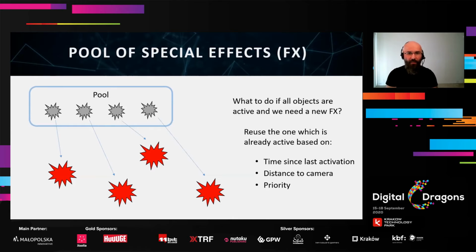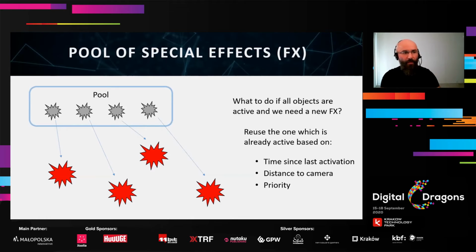Usually when we have 4 explosions running almost at the same time in the game, when one of them disappears and appears in another place, it's hard to notice when we already have a mess on the screen. In this way we still have just 4 explosions running at one time in the game, and we don't need to allocate any new resources.